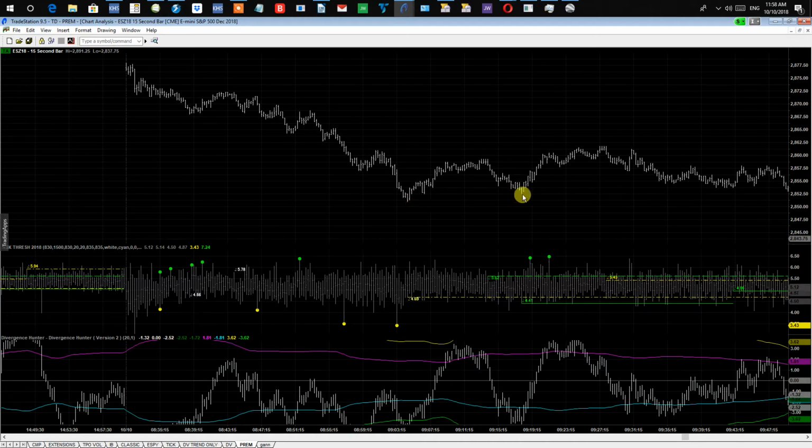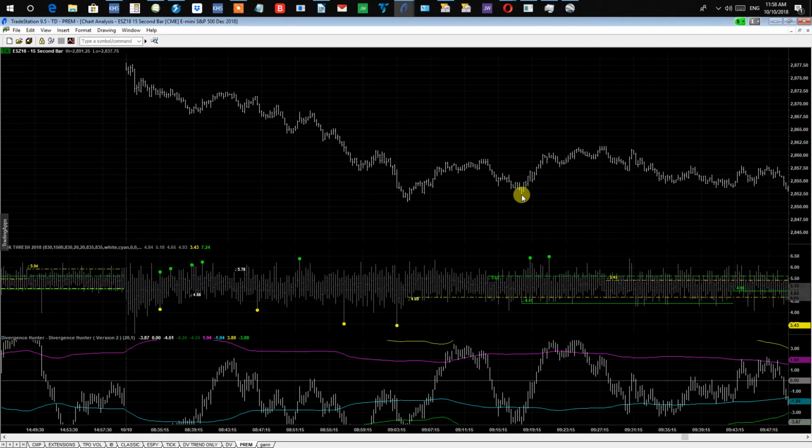Pardon me, higher low compared to this. But we don't know what the direction of the market is at this point. We're still going up or going down. So if we pick this point, we would be anticipating lower lows. Now let's just see if that works.